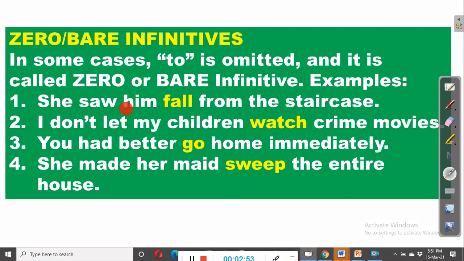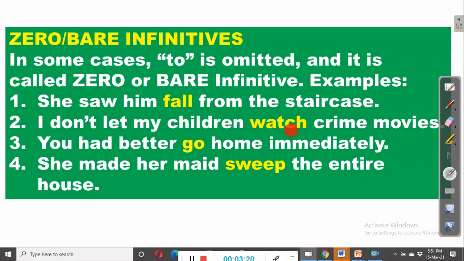Number 1, she saw him fall from the staircase. The bare infinitive here is fall because we don't have to, we only have fall. She saw him fall from the staircase. Number 2, I don't let my children watch crime movies.